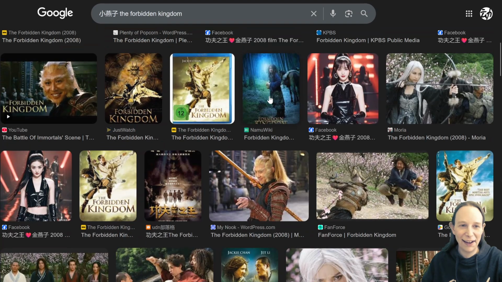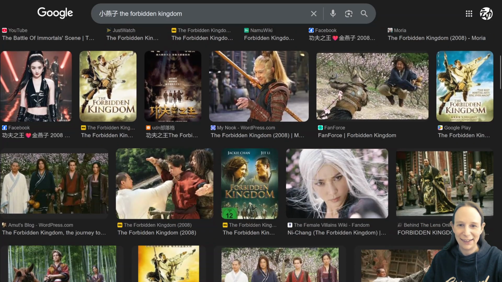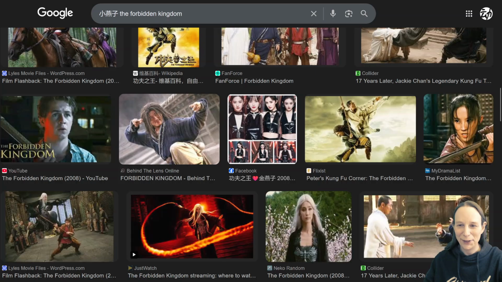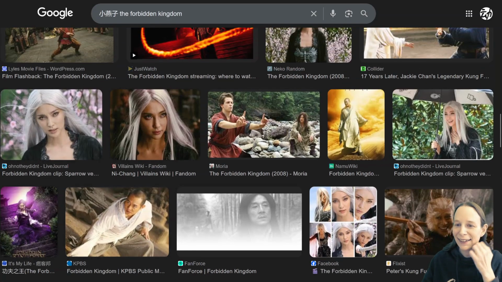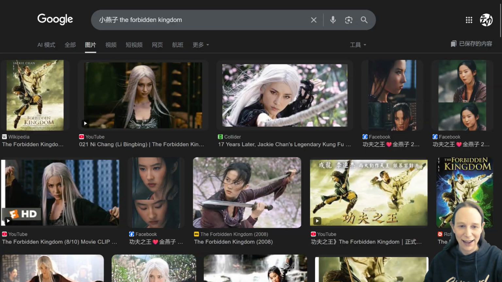I don't remember. I feel like I should know all the other actors, but Jackie Chan and Jet Li are famous in Western culture as well. I don't know who she is. Xiao Yanzi is this one who wants to get revenge.